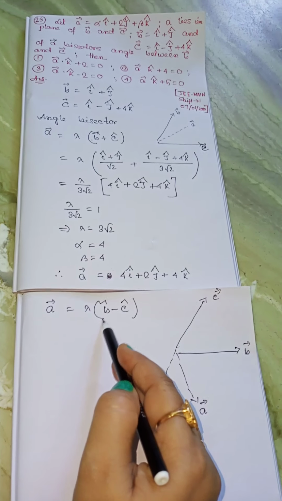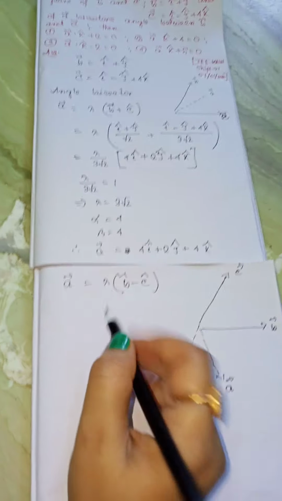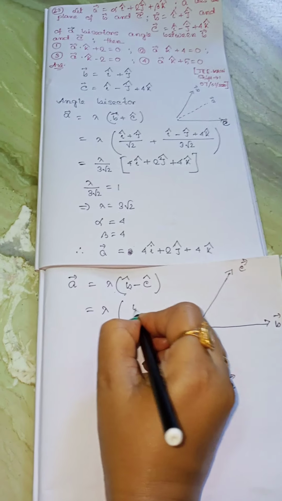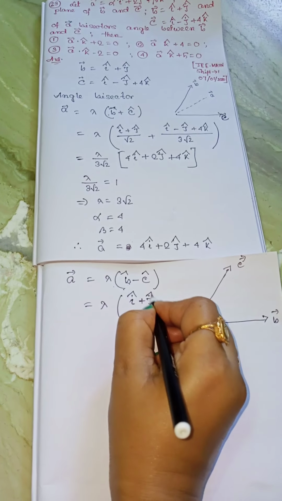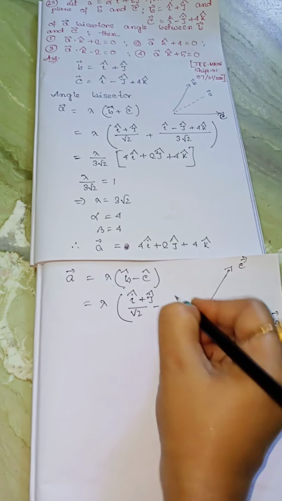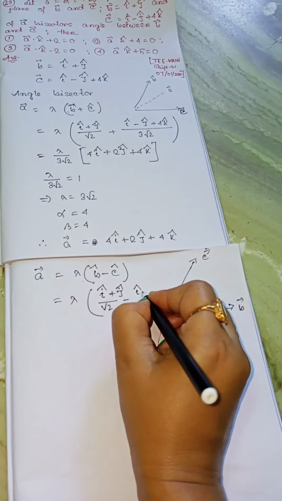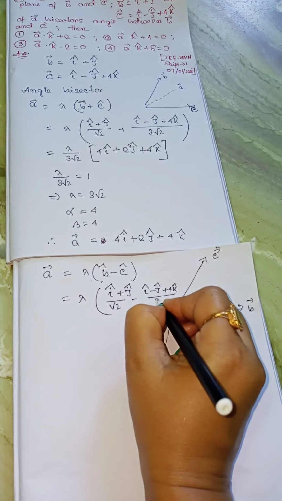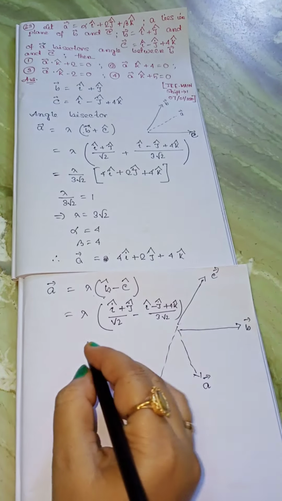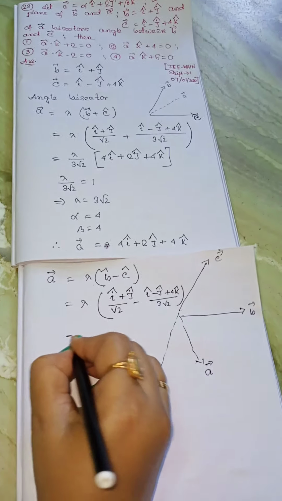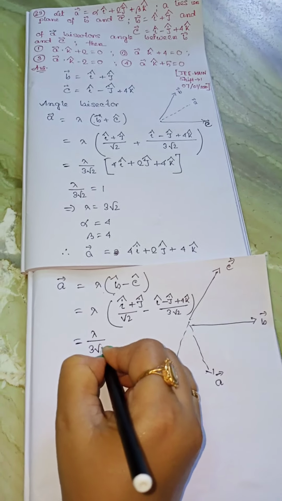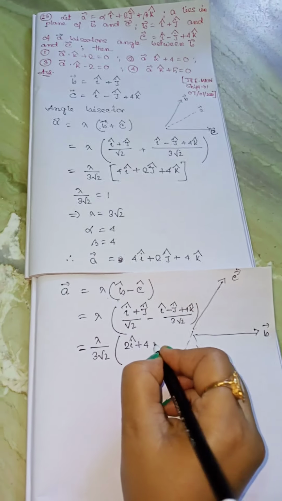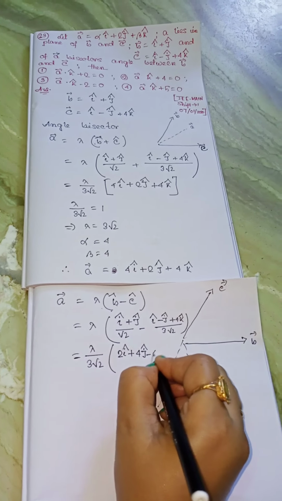If it is an external vector, then it is B cap minus C cap. So again putting the values, i cap plus j cap divided by root 2 minus i cap minus j cap plus 4k cap divided by 3 root 2. Now calculating this, we get lambda divided by 3 root 2 is equal to 2i cap plus 4j cap minus 4k cap.